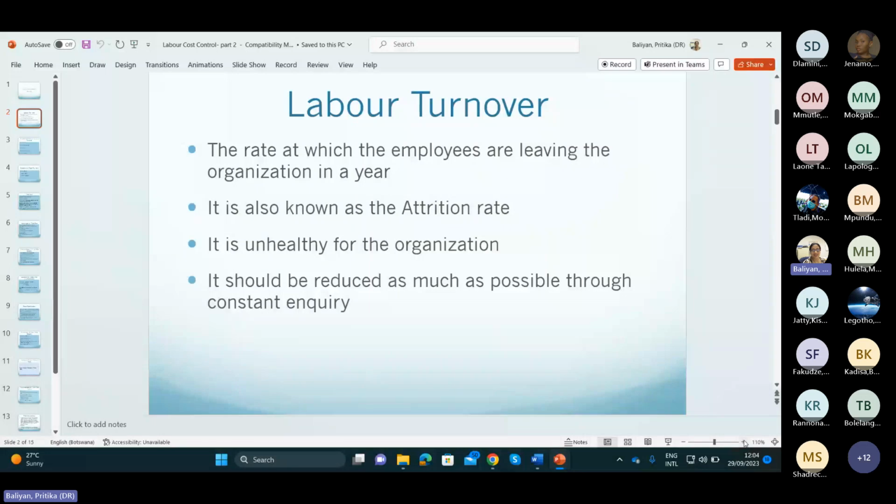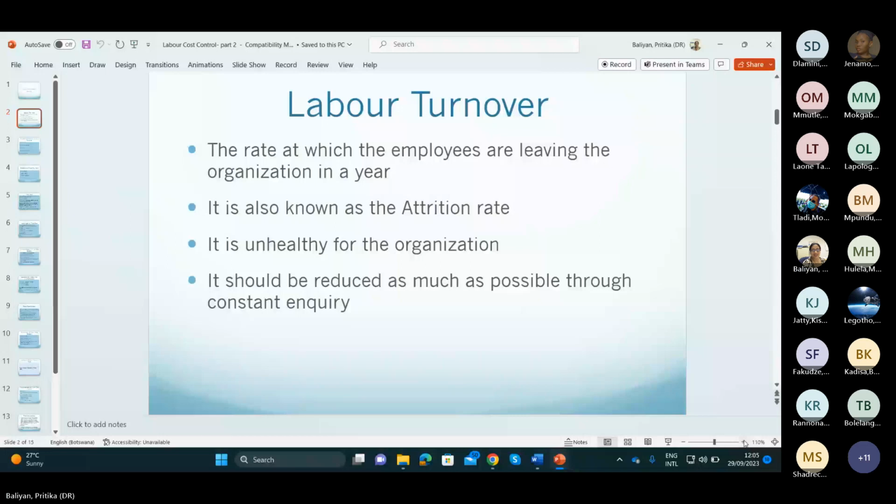Normally, the acceptable rate is 20%, because sometimes due to personal reasons, people join and leave the organization. But if the rate is higher, like 30% or 40%, it means that for some reason, either the working condition, the type of work or the labor rate is not helping the workers to continue with that organization.